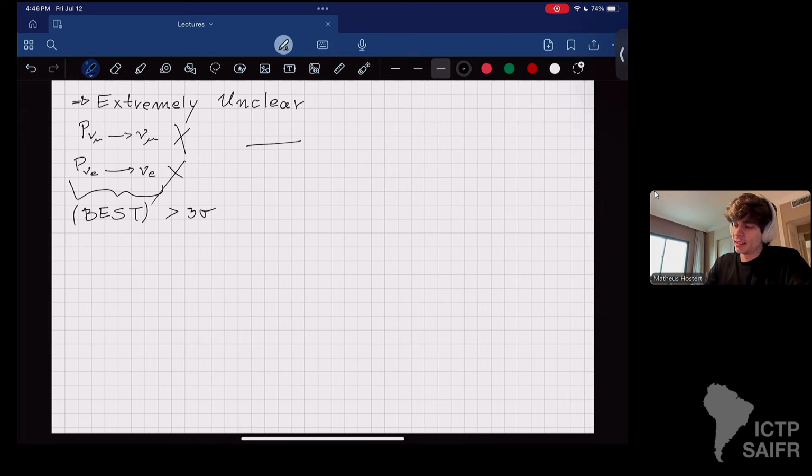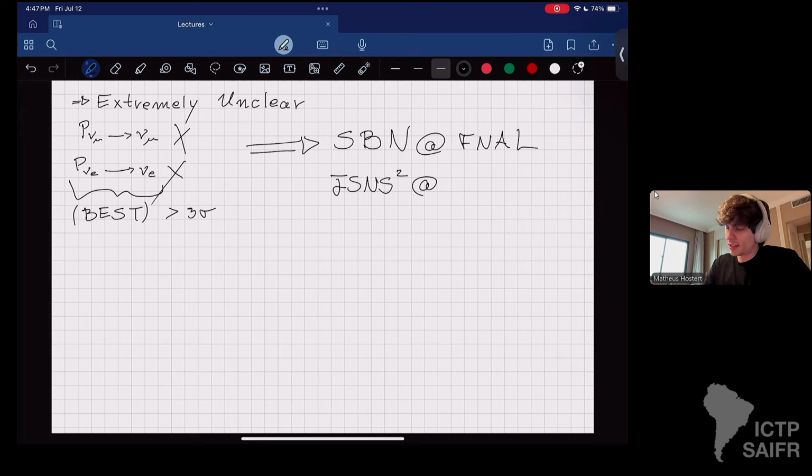And eventually, the hope is that with the short baseline program at Fermilab and replicas or attempts to replicate LSND in Japan in an experiment called JSNS squared at J-PARC, we can finally put these questions to rest, whether it will be a discovery or full exclusion of these results.